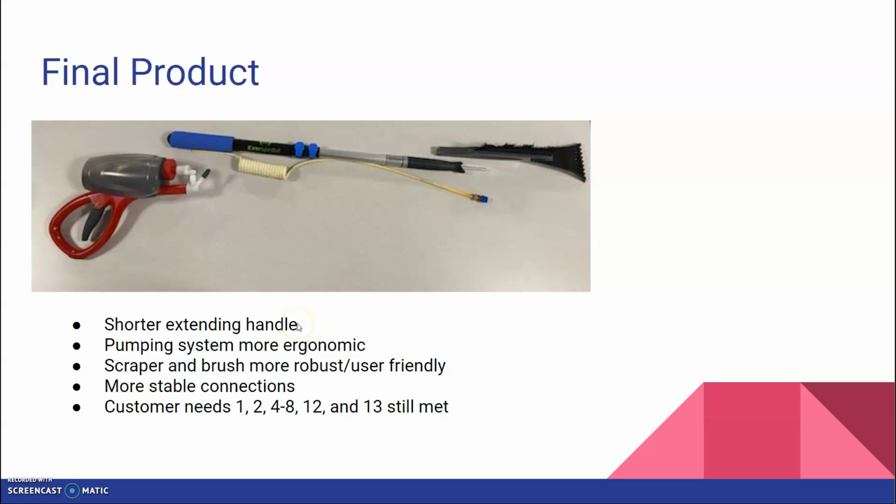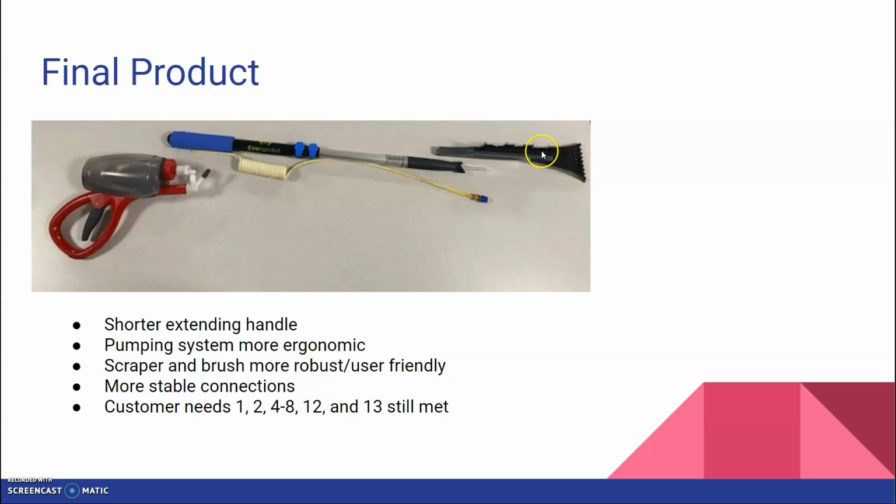So some improvements over the original prototype were that the extending handle was much shorter, so that it wouldn't be as bulky to store in its condensed form. The pumping system was also much more ergonomic and much stronger than just a spray bottle. The scraper and brush were more robust.